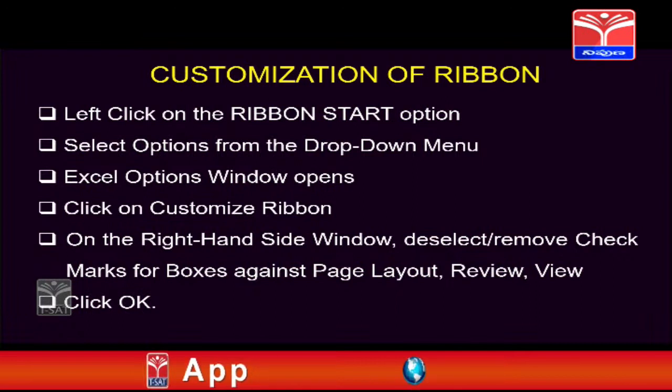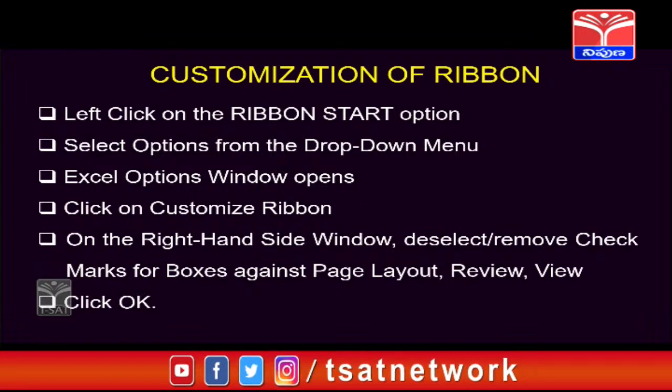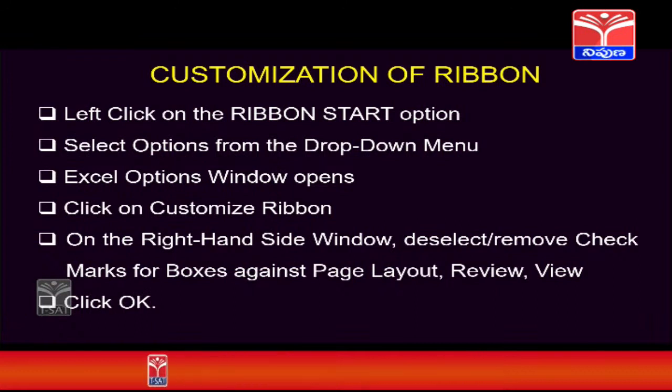Once the Customize Ribbon window opens, on the right hand side window, we are supposed to either deselect or remove check marks for boxes against any of the tabs which we do not want to present on the ribbon tab. And then we are supposed to go ahead and click on OK.